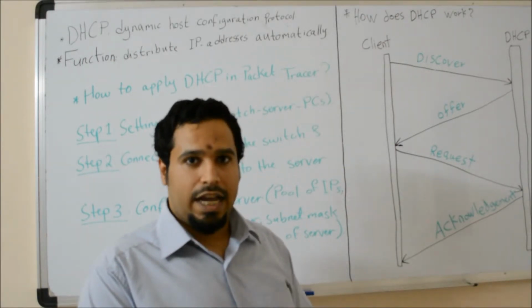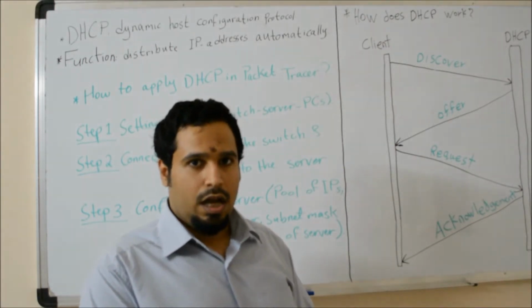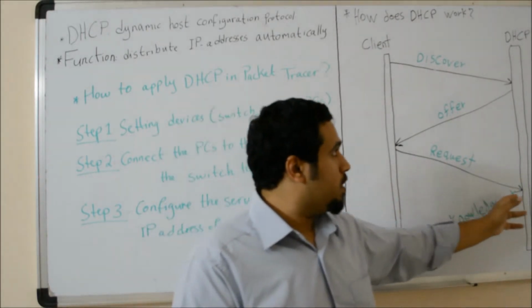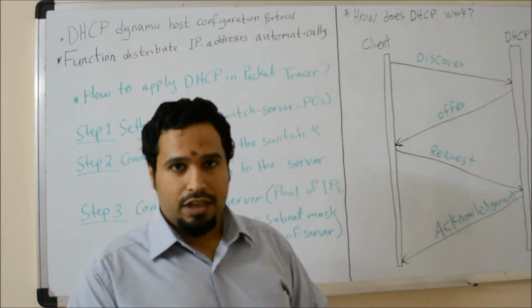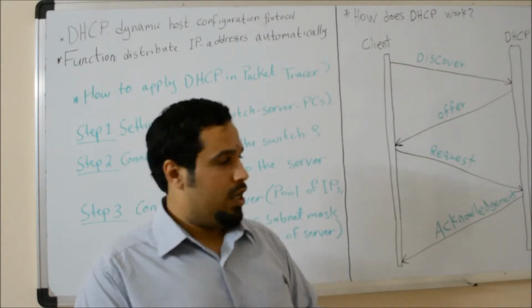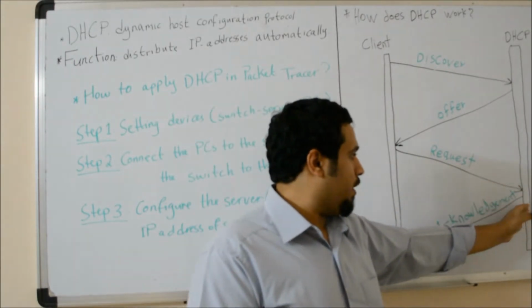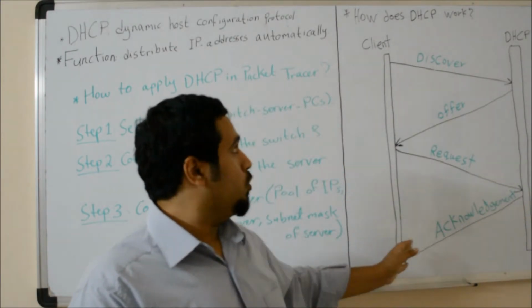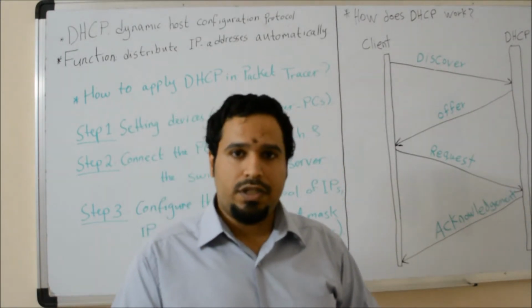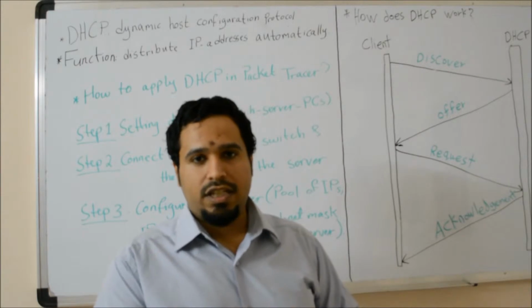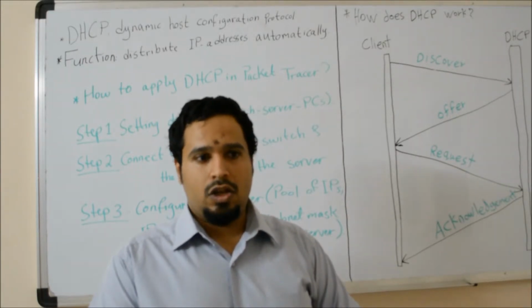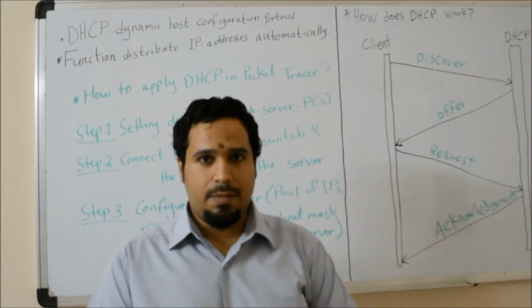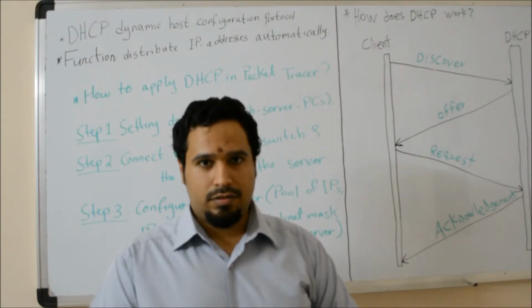If the client accepts this IP address, it will give a request to the DHCP server. The fourth and final step is when the DHCP server gives acknowledgement to the client. This acknowledgement can be considered as agreement between the client and the DHCP server, so that the server will assign this IP address to the client.